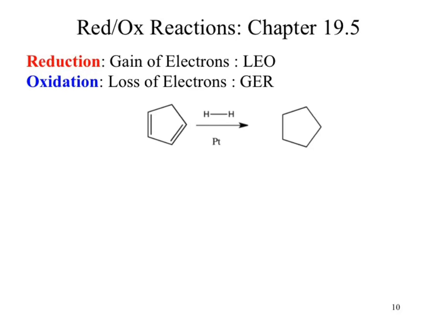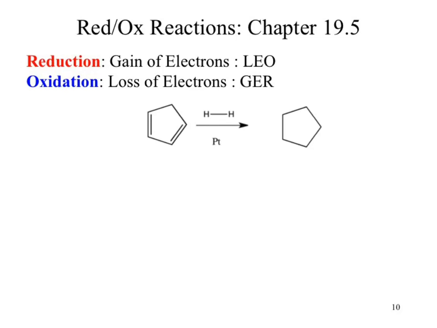You could look at oxidation states for all of the atoms and see which atoms change their oxidation states. The rule of thumb that gets you there a little bit faster: find anything in its elemental state. Once you've found that, what's its oxidation state? 0. When we look at it in a product, can its oxidation state be 0 again? No, it must have changed, which means you are looking at redox.